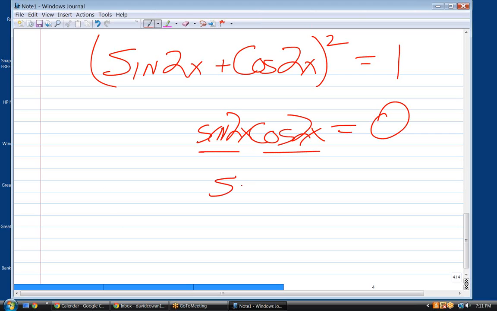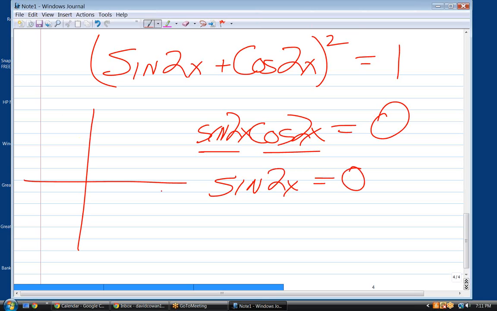Okay. So we have the sine of 2x equals 0. Where does that occur? And again, this is a case where we have to go out to 4 pi. Well, it occurs there, there, there, there, and there. Well, actually, not that final one.